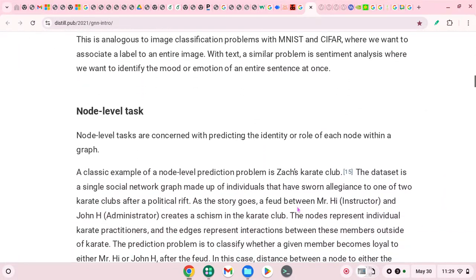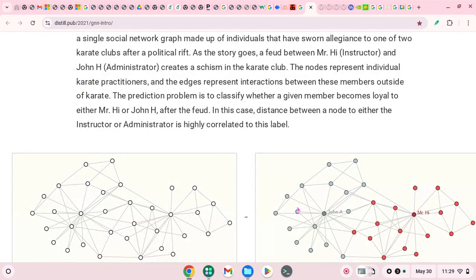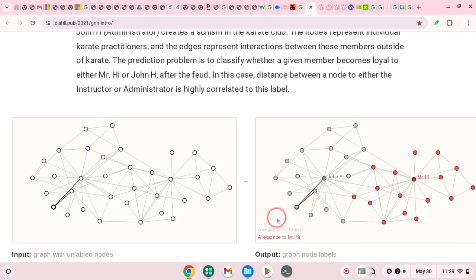And similarly, a node level task is something like which nodes belong to a particular class and which nodes belong to the other class. For example, in a molecular structure, which atoms have some similar attributes compared to the other atoms.